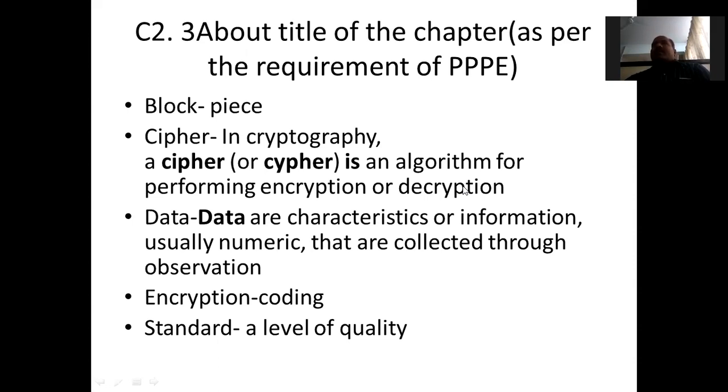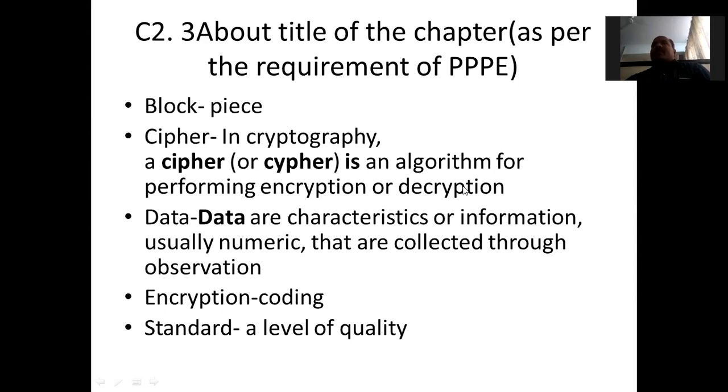And the encryption: we now know what encryption is. It is converting plain text into ciphertext characters. The coding or conversion, you can consider. And standard is nothing but a level of quality. This is the meaning of block cipher and data encryption standard here. So the block is a piece of information.